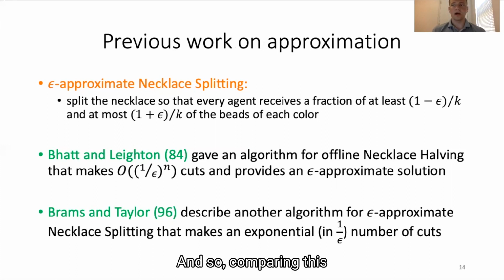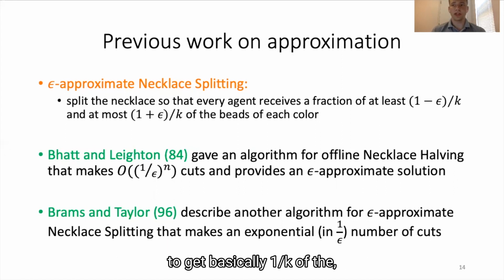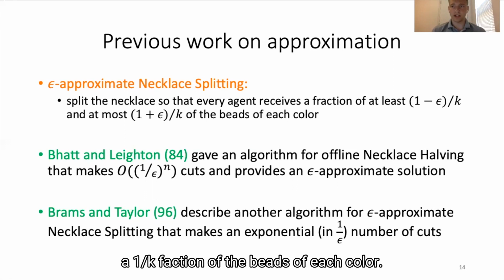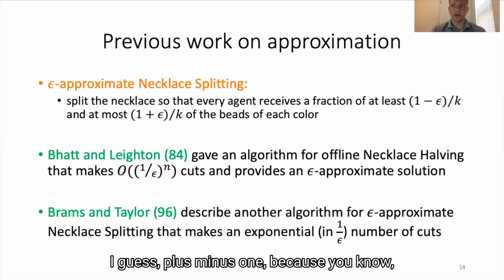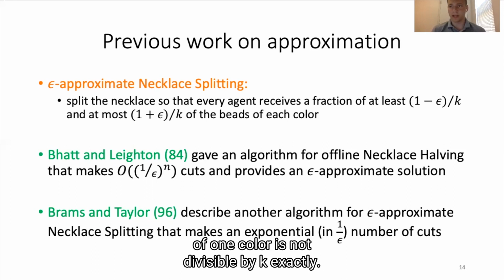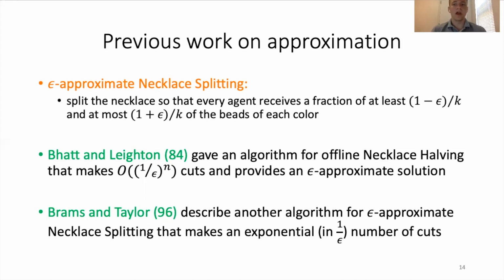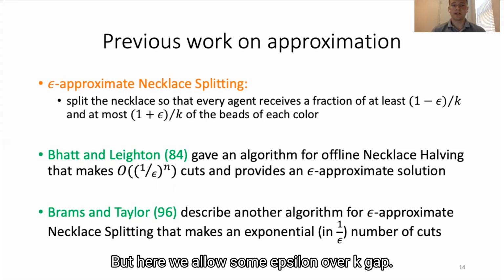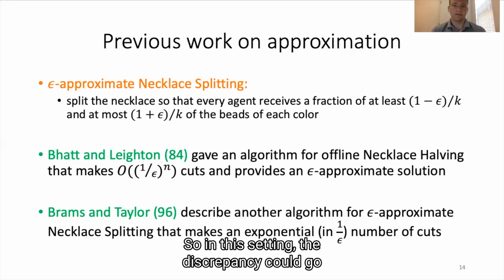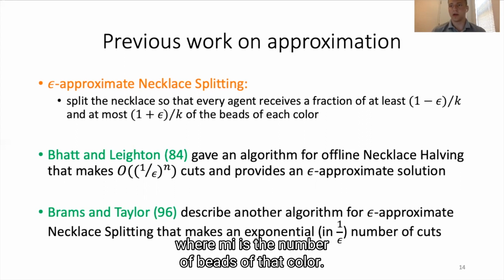Comparing this to the normal necklace splitting problem, there we wanted each agent to get basically a 1 over k fraction of the bits of each color, plus or minus 1, because maybe the number of bits of one color is not divisible by k exactly. So we want to get as close to complete equity as possible. But here we allow some epsilon over k gap. So in this setting, the discrepancy could go on one color all the way up to 2 epsilon over k times m_i, where m_i is the number of bits of that color.